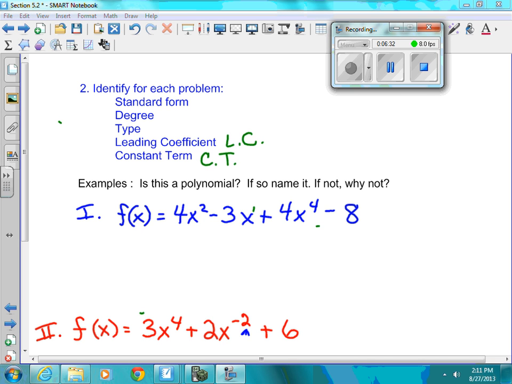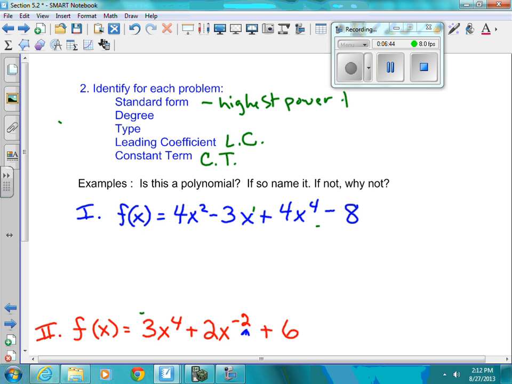Also, write the polynomial in standard form, which means highest power to lowest power. The degree, remember, is the biggest exponent. We talked about that in the last slide.